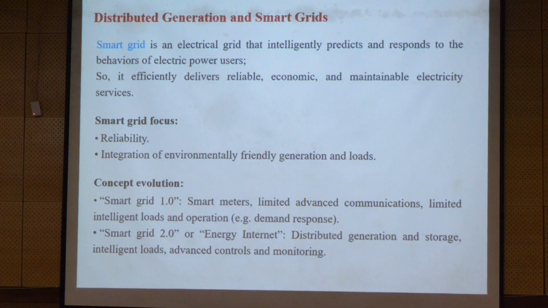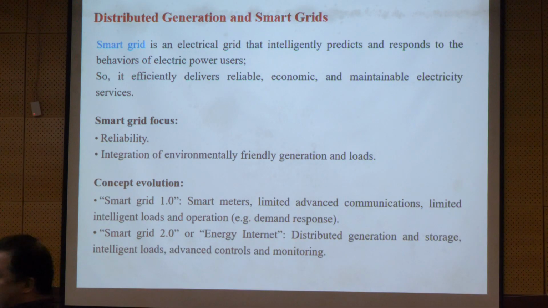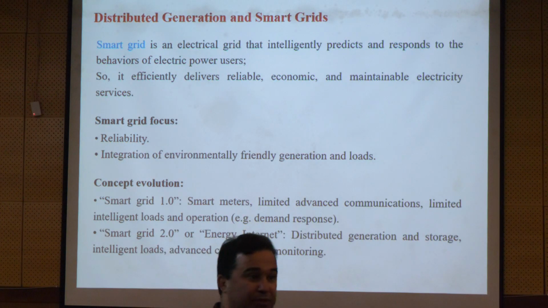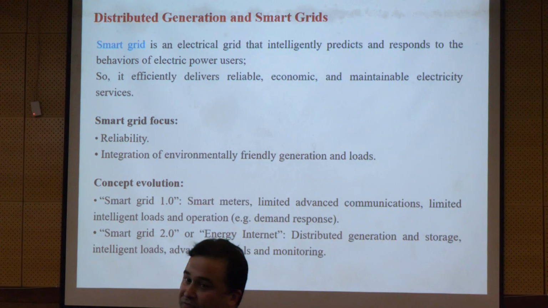A smart grid is a type of grid which can communicate between the generation and consumption. So it means that in a conventional grid, one of the weaknesses of the power grid was that generation must be more than consumption, otherwise a problem or outage will happen.